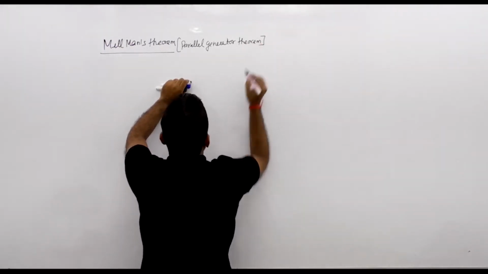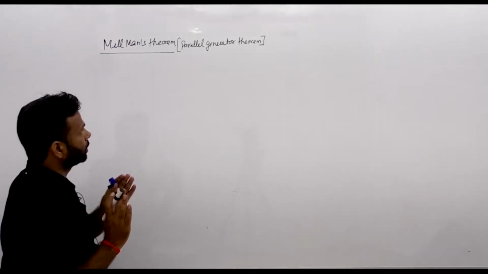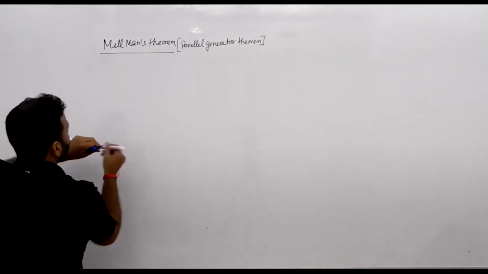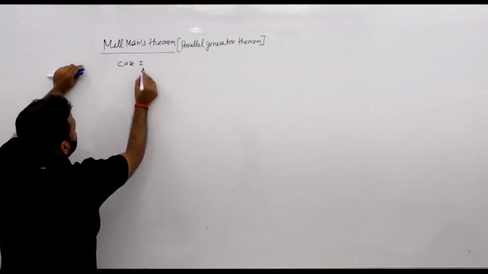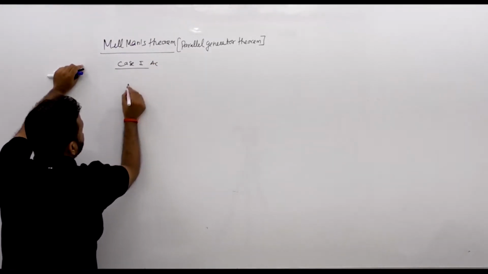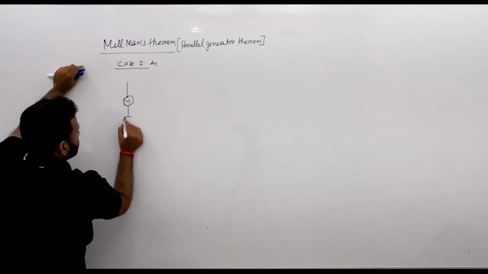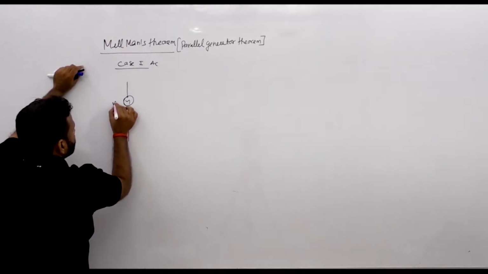So see what is this now. So I will here take two cases, first AC and for the DC. First for the case 1. This is case 1 for AC. So we will take this AC case, then DC. This is V1.